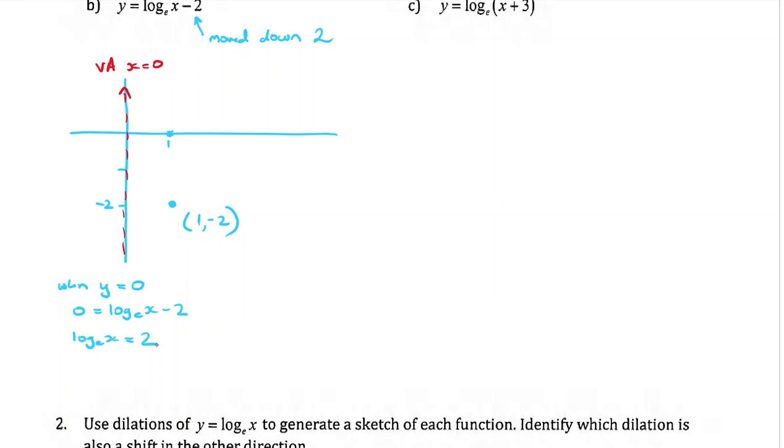So it's log base e of x equals 2. Then what? We're sliding that base, that's right. X equals e to the power of 2. You could work it out as a decimal if you wanted to, but e to the power of 2 is nice and exact. So let's put e to the power of 2 there, and my logarithm is going to come up like that.